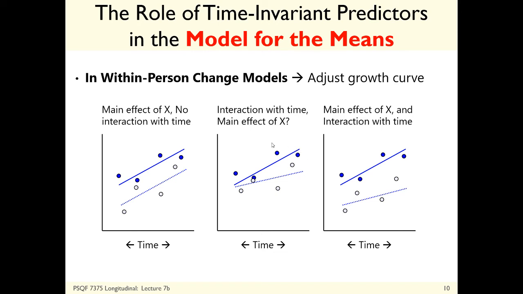It becomes conditional, and you can ask the model what the effect of group would be at any occasion. The one that's going to be given to you by default is the time 0 occasion. So when thinking about where to put time 0, these are the sorts of things that you want to keep in mind. I tend to put time 0 wherever the occasion is that I'm most interested in. Sometimes that's the end instead of the beginning.